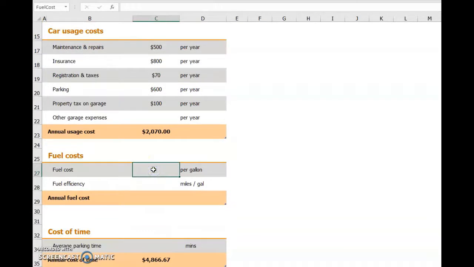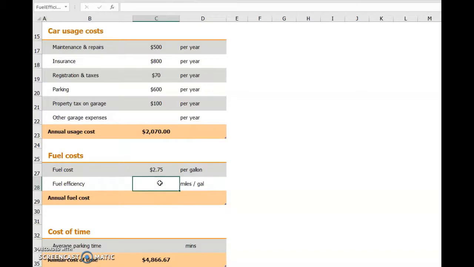So now we have fuel costs. Right now, fuel prices are fairly low, so let's go with regular unleaded gas at probably about $2.75 a gallon. Oh, I have 3.75, I think. No, 2.75. Fuel efficiency.